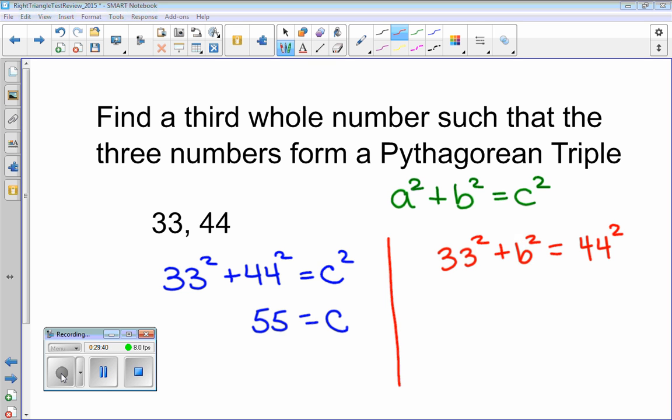If this number wasn't a whole number, we'd have to try it, and maybe see if we were missing the other number and go from there. This one doesn't give you the correct option, but I wanted to at least show that to you. So this one's not going to give you a whole number. Feel comfortable with that question? As long as you know what a triple is, right?